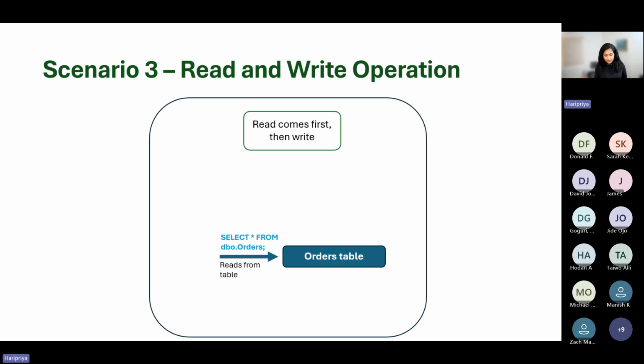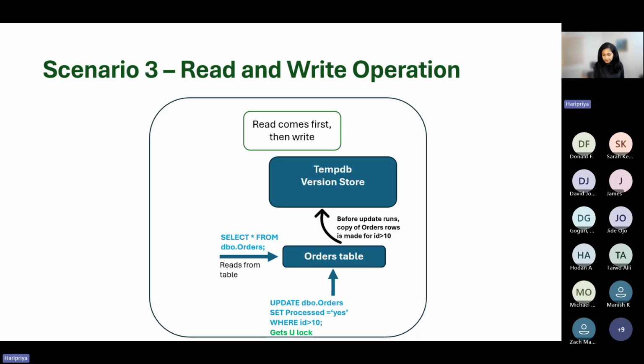All right. Now we have another scenario. Imagine if the read comes first, that read is just reading from the table. Now, if the write comes in after the select operation, or when the select operation is in process, what happens? Will it get blocked? Because in your default isolation level, this will get blocked. But what happens here is the main difference. You see this?